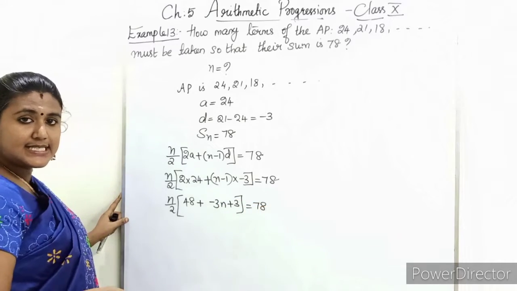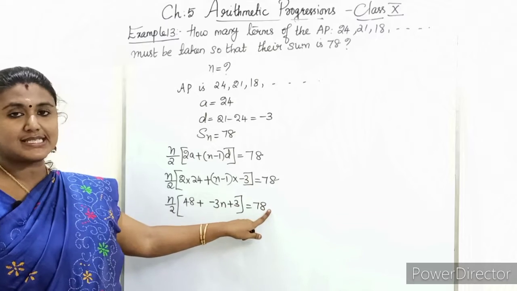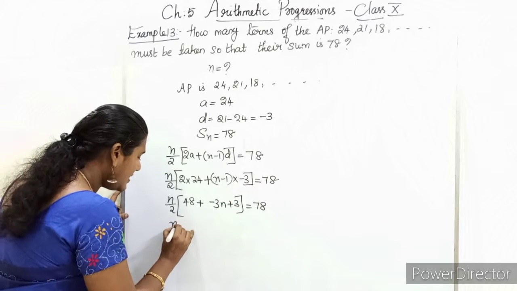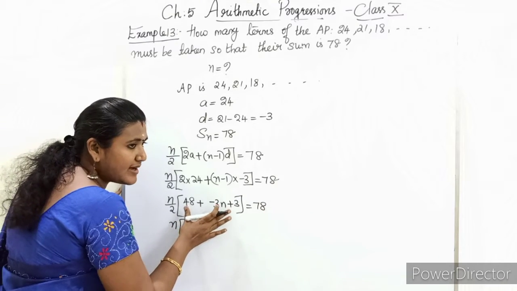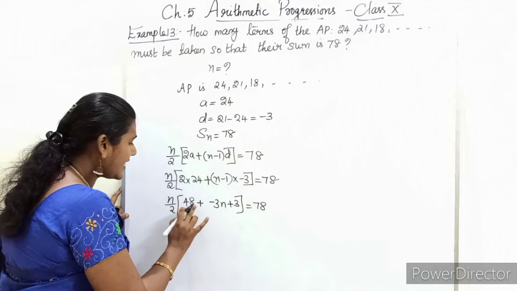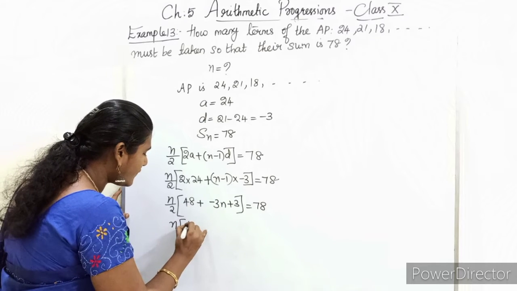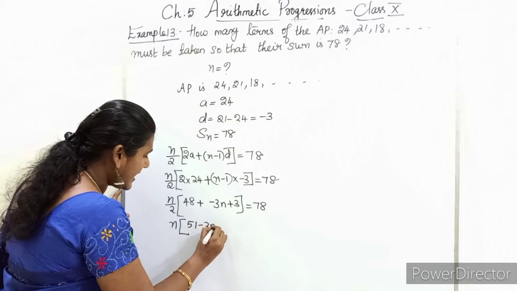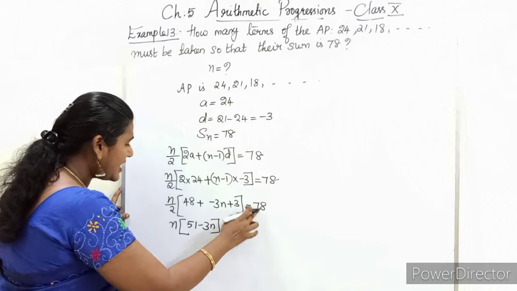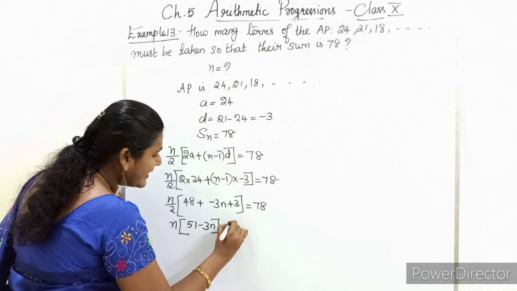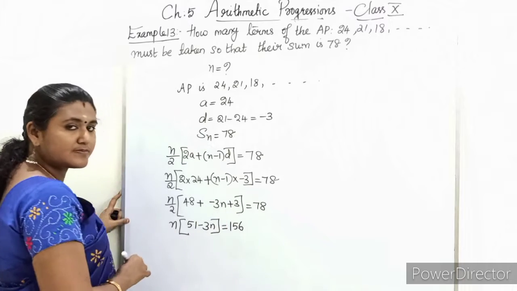In the next step we will take this 2 to this side. So n into, simplifying the numbers inside the brackets, 48 plus 3 is 51 minus 3n is equal to 78 into 2. So you will get 156.